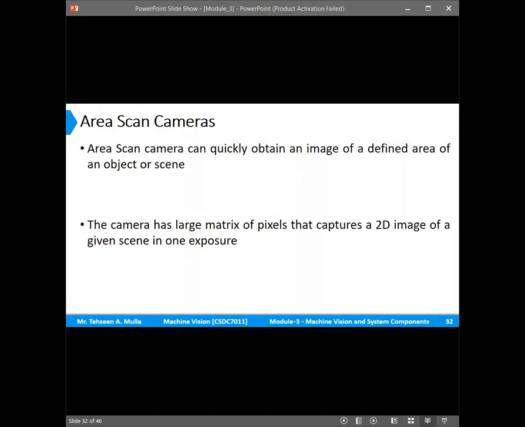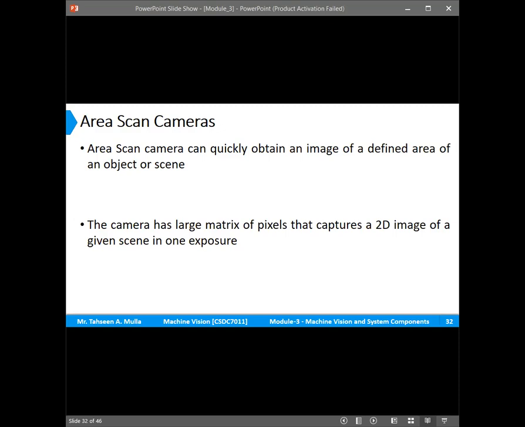Area scan cameras are very quick to read and store an image because they have a defined area of an object or a scene, right? So the moment you click that image, the data is automatically stored and the entire area is scanned. Now this happens when we have a large matrix of pixels. The grid must be in terms of rows and columns to store the data, right?